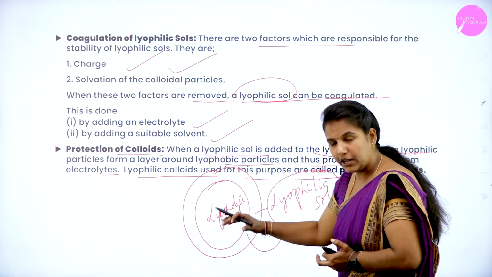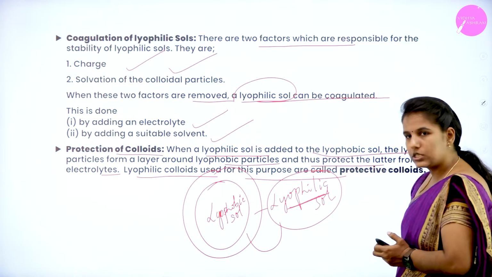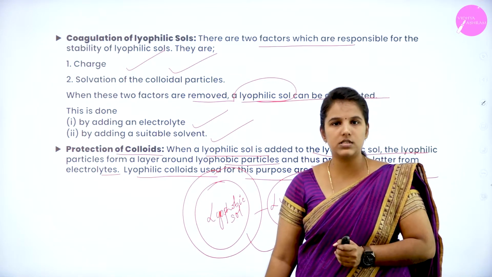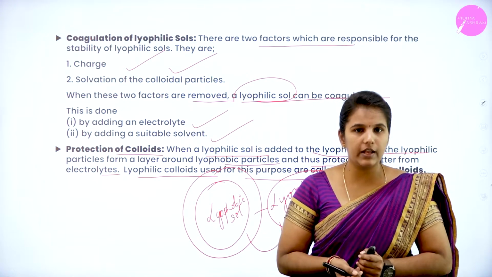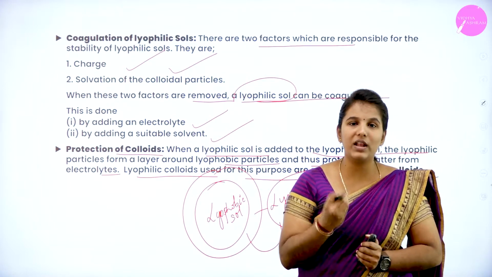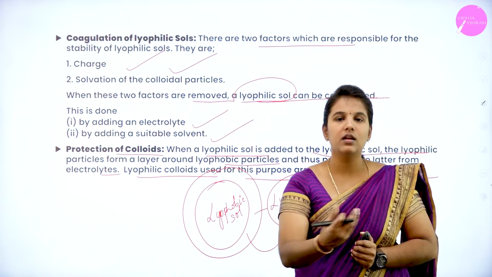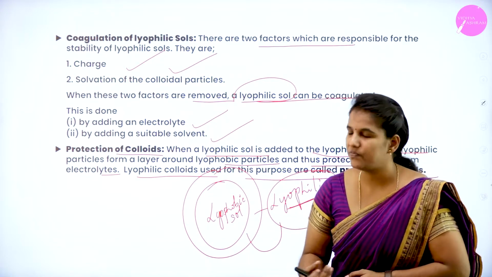For this protection of the lyophobic colloid we are using the lyophilic colloid, hence it is also known as a protective colloid. This is how protection of colloids is done using lyophilic colloids, because they form a protective layer around the lyophobic colloids.